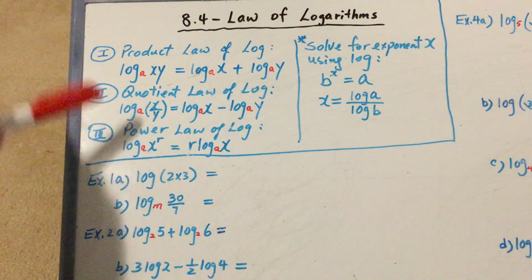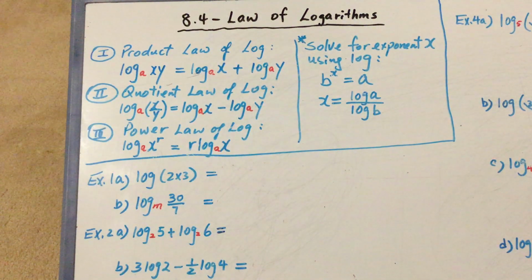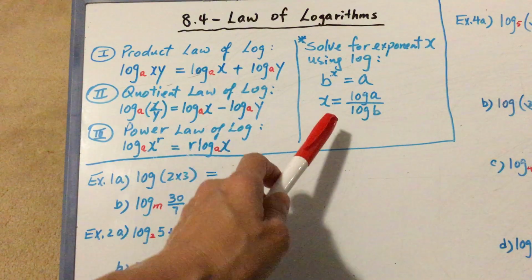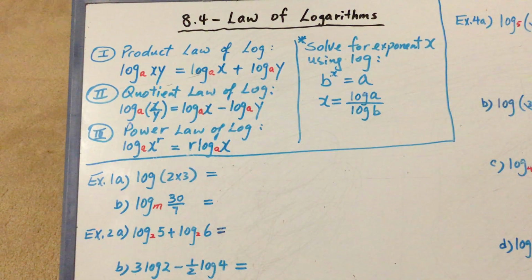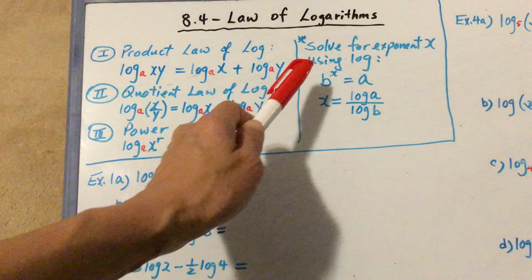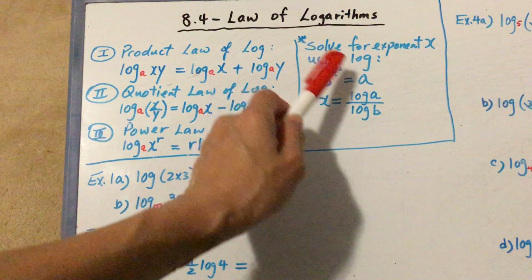So you will be seeing examples related to those laws, but there's also one more thing when solving for the exponent x using the log methods, such as when you have b to the x equal to a.